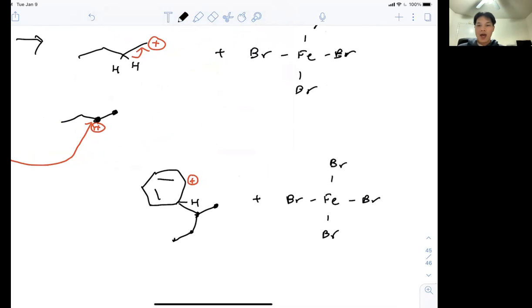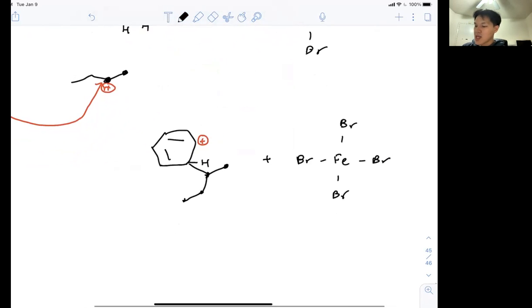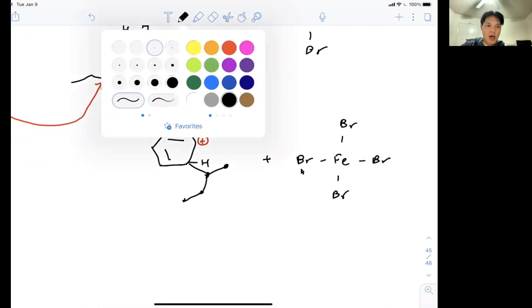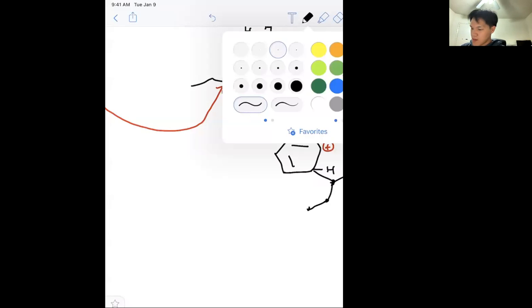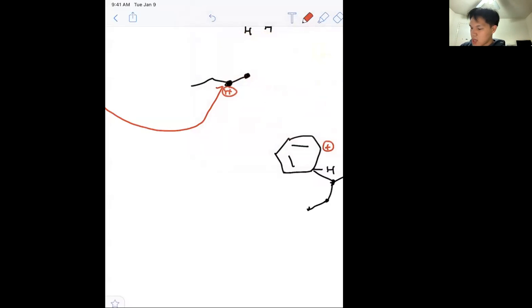And now it's very complex, but what's going to happen is that the bromine will take the hydrogen while this leaves.